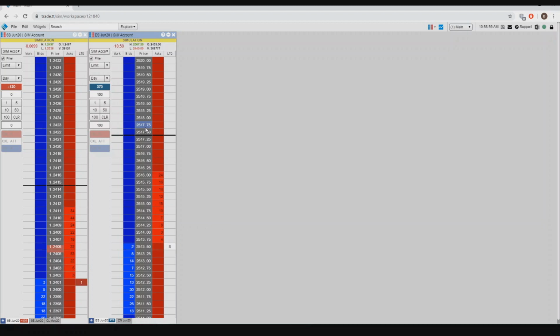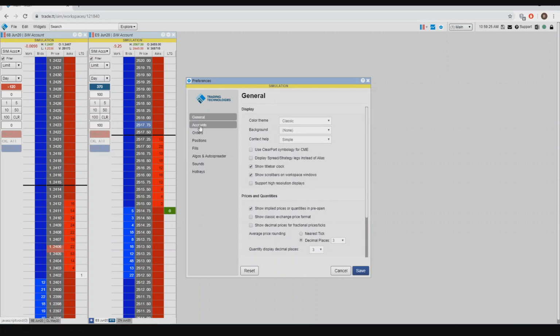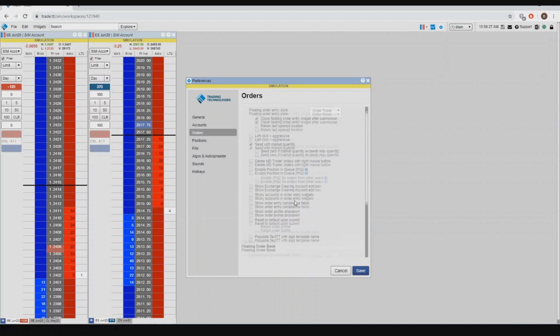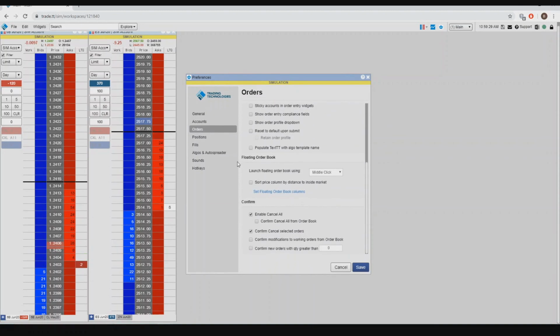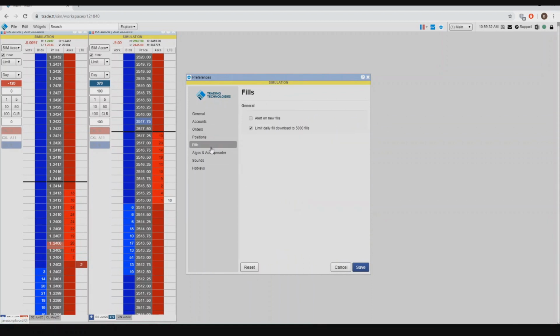Yes, this is a large position for an individual person, but this is the sort of contract size that people trade all the time. 370 lots basically is nothing. People will hit 1,000 lot clips in the S&P, and this is what happens when, if I can just change the settings on here, count orders.